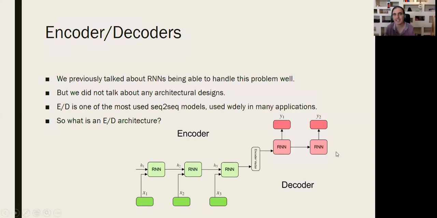And this part creates the new language. And this red part, since the output is English, is capable of the organization of words in the English language, the grammar and syntax. That's a common architecture used in sequence-to-sequence models.